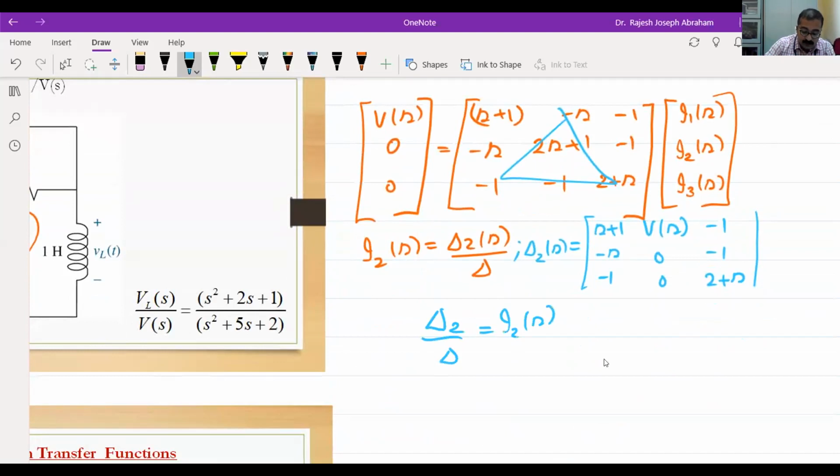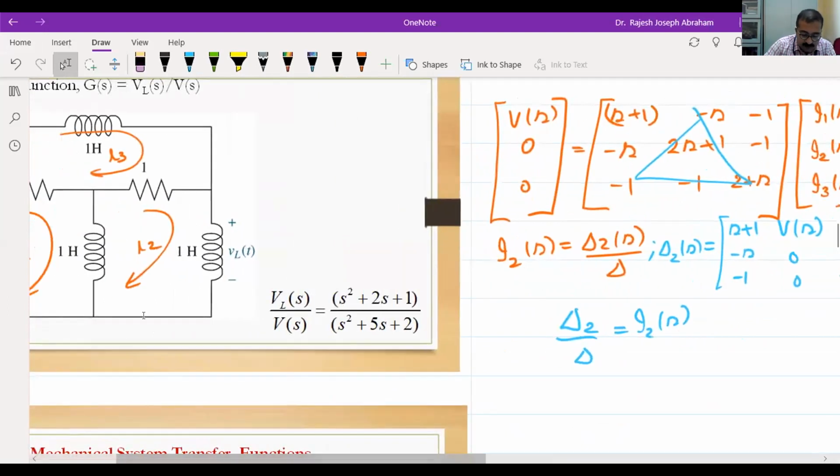Okay, now what's the question? Question is to find the ratio VL of S by V of S. Okay, so how will you find VL? What is VL? Current into the impedance. That means I2 of S into S, because L is 1 here. In this case, L is 1. Okay, so VL of S will be what? I2 of S into S. Okay, so what will be the transfer function?